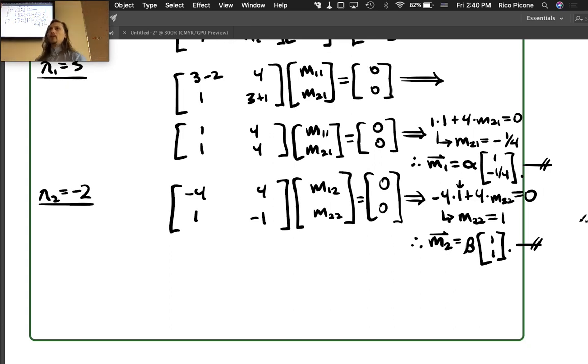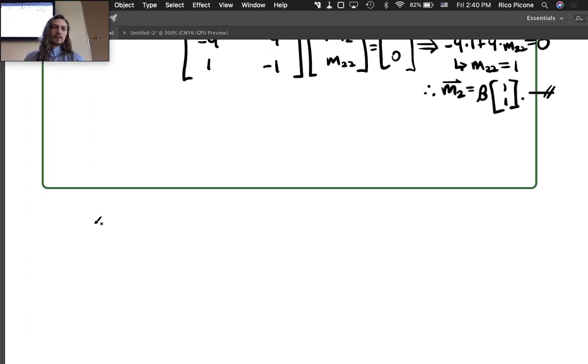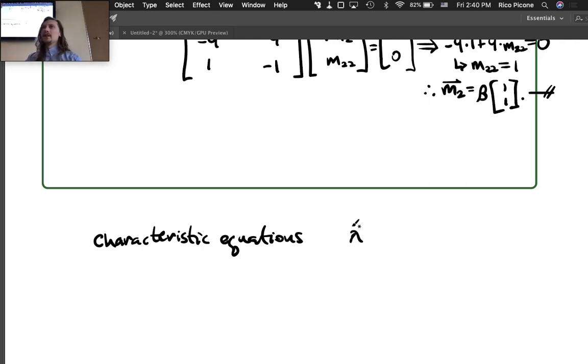You may recall, hearkening back to the homogeneous solutions and the characteristic equations that we would find, they always had this form. We actually used lambda in these characteristic equations, right?